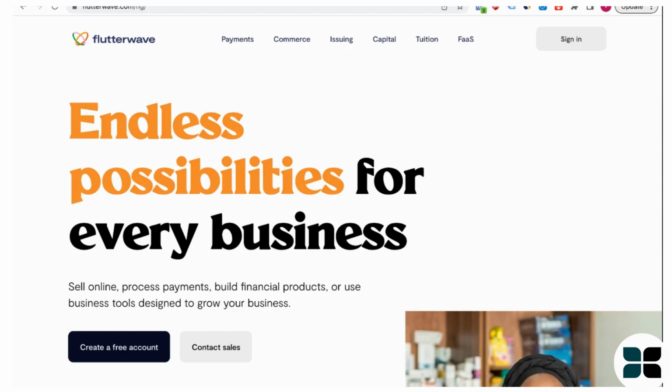Now, let me explain to you what 3DS means. All right, three-dimensional secure is a system in which the card manufacturer, Visa, Mastercard, American Express, etc., can verify that the person making the transaction is the real owner of the card.